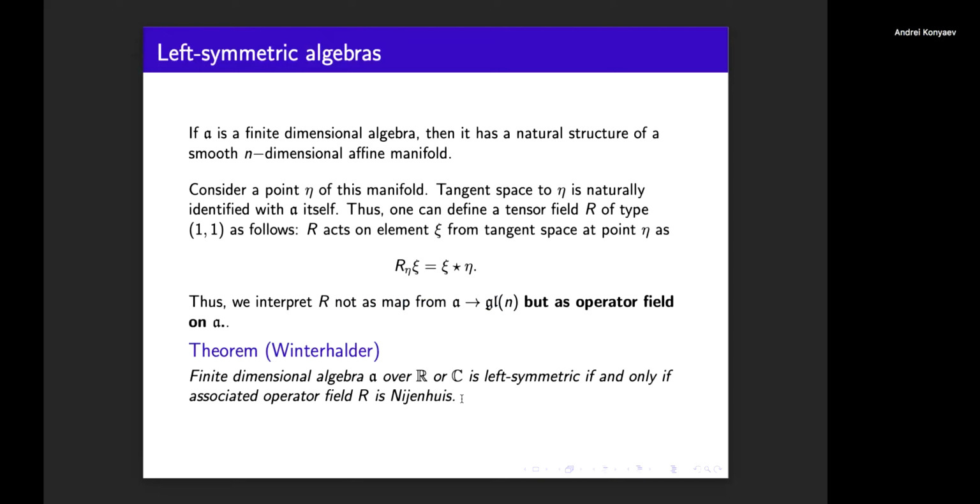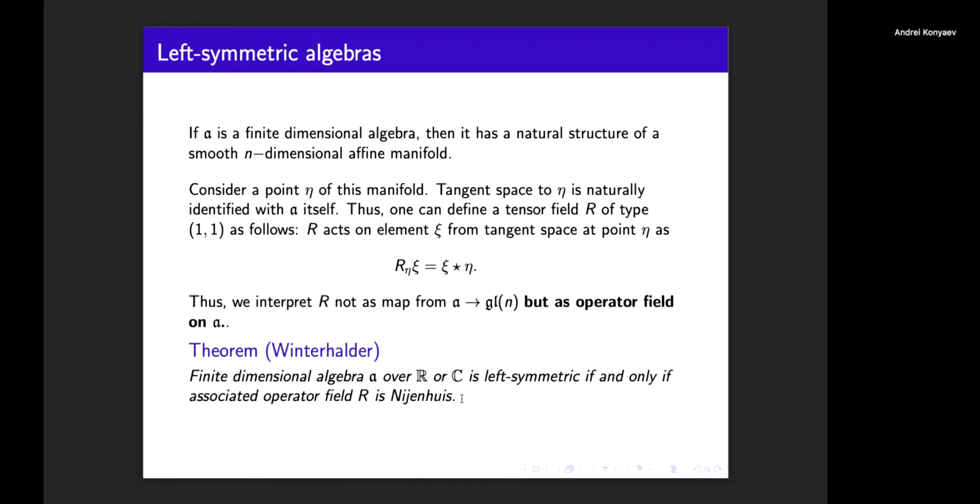We have topology, and we have a nice property: the tangent space at each point of this affine space is associated with the algebra itself. When I say affine algebra, I mean the affine space which we obtained from the algebra, because affine algebra usually means something different, so I'll be careful with my terminology. So that is what we get: an affine space with a structure of algebra.